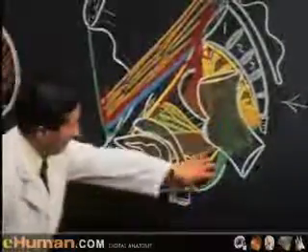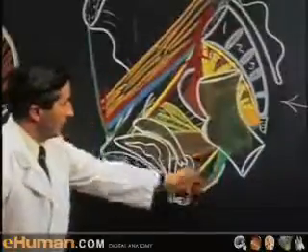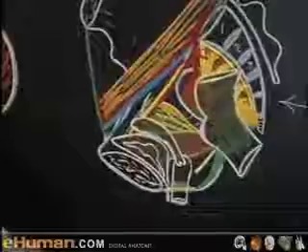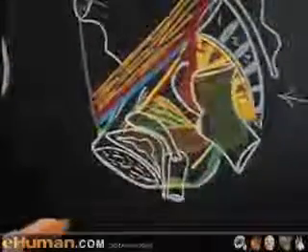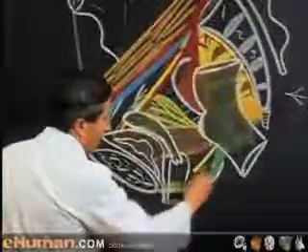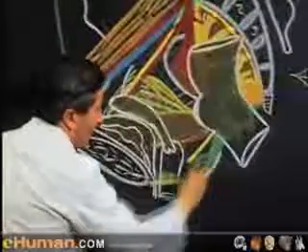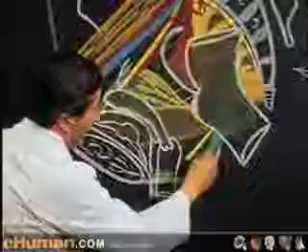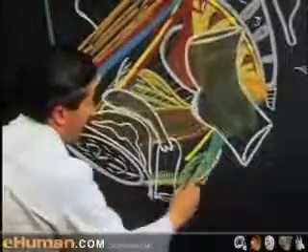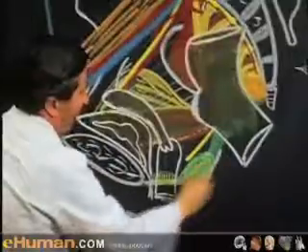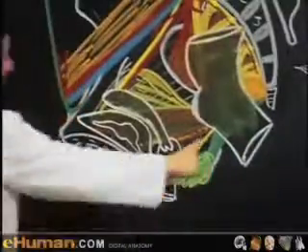Now we have a fairly large area here which is normally filled in by fascia and the perineal body. The fascia, and this is rather a large area, larger than normal, we'll indicate the fascia in this color, being attached to the back of the urogenital diaphragm and lying in front of the anal canal.